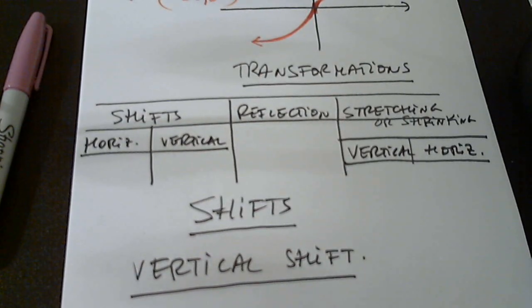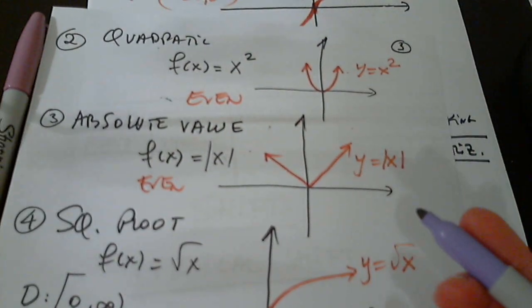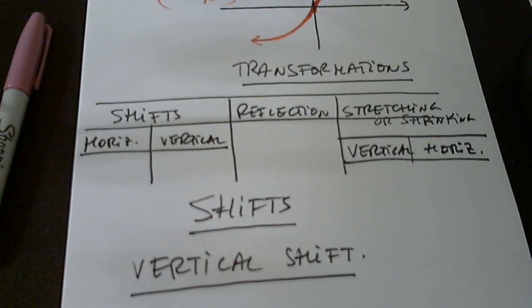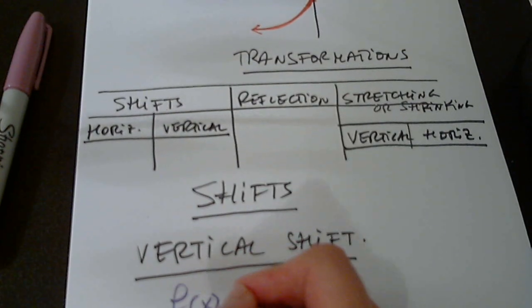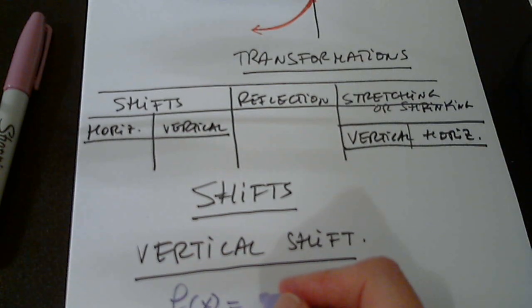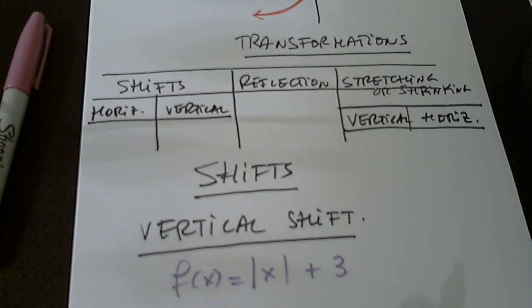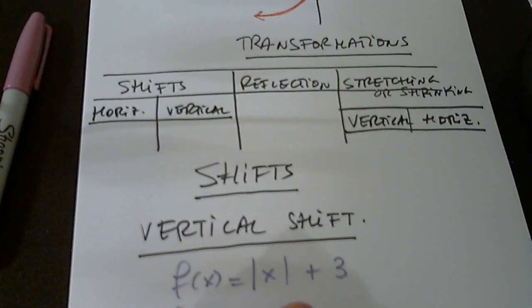Let's say from these 6 functions, I am choosing the absolute value of x to create a more complicated function. F of x equals the absolute value of x plus 3. Or another one, let's use g so it's not confused with the first one.